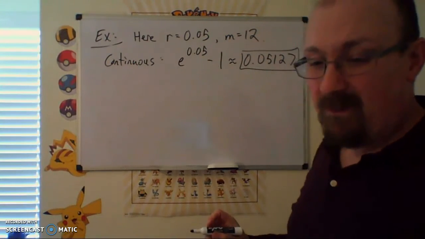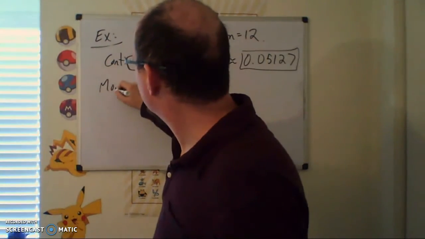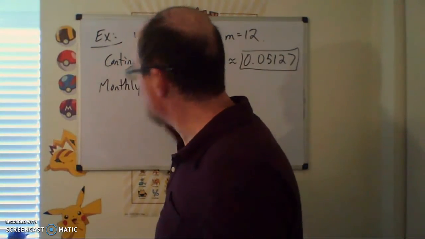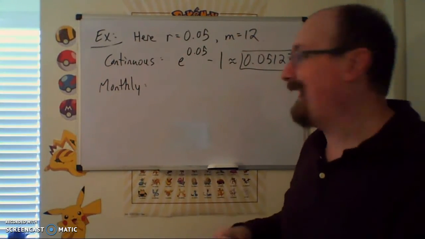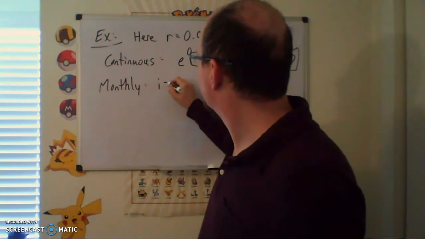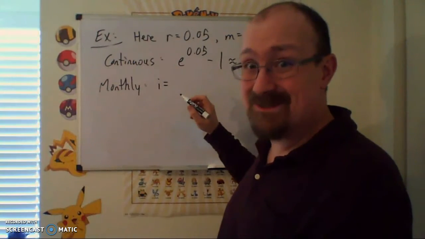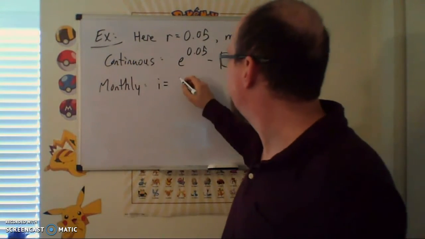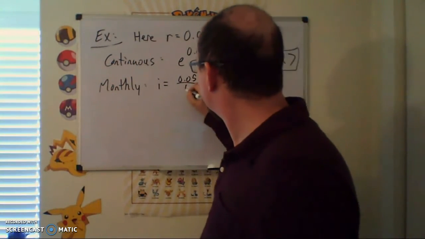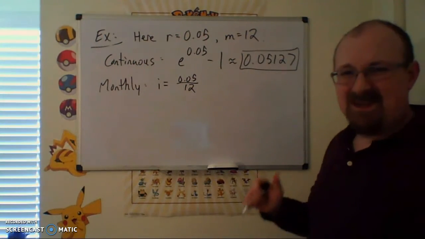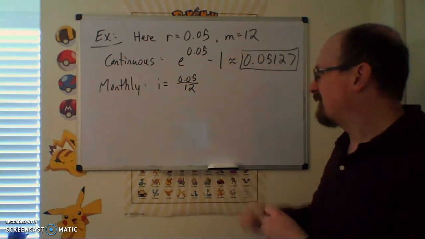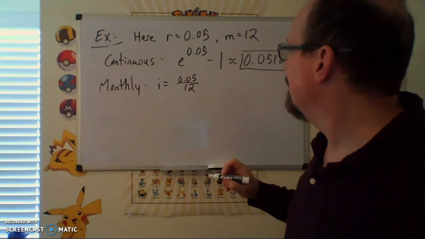So for the monthly one, we need to do a little more work, because the monthly formula calls for our periodic rate, I. Remember from last time, I is our annual rate divided by the number of times a year it comes up. That's not a terminating decimal, so I'm going to leave it as it's written here.